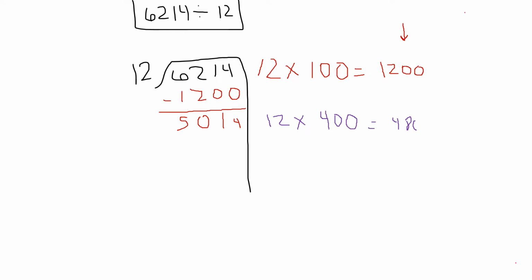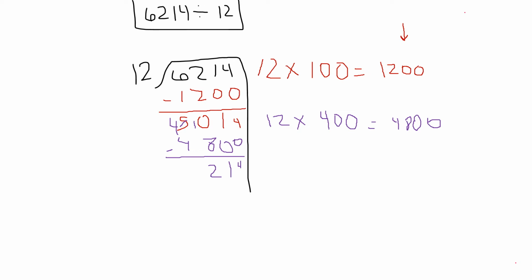And again, division is simply repeated subtraction. So we take the number over here, 4,800, and we subtract it over here. So we have 4, 1, we got to borrow from the 5, and we get 2. So now we're at 214.